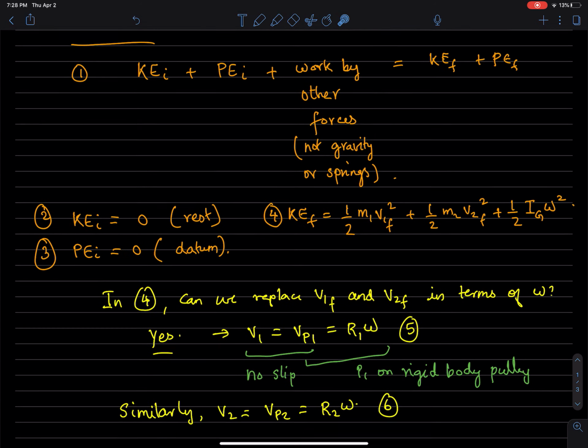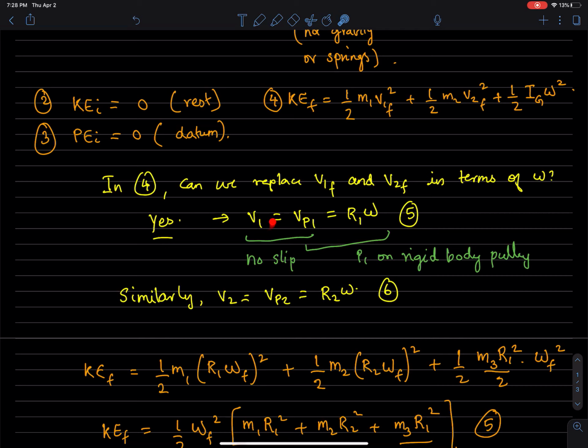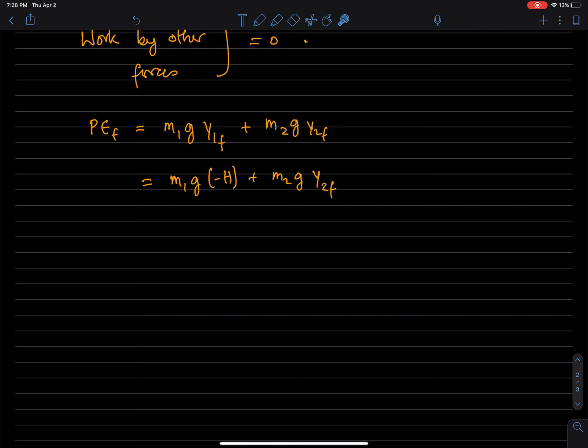But we have a clue here, which says V1 is R1 omega, V2 is R2 omega. V1 and V2 are essentially the velocities of M1 and M2. So what is y2 final, measured from its own initial position?